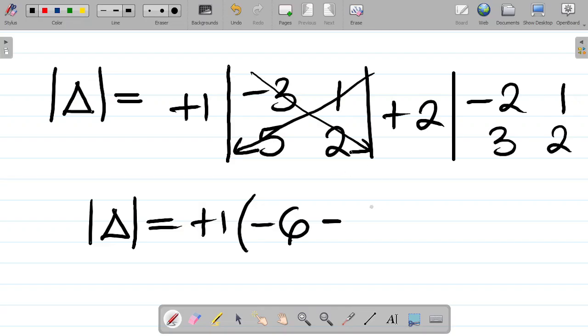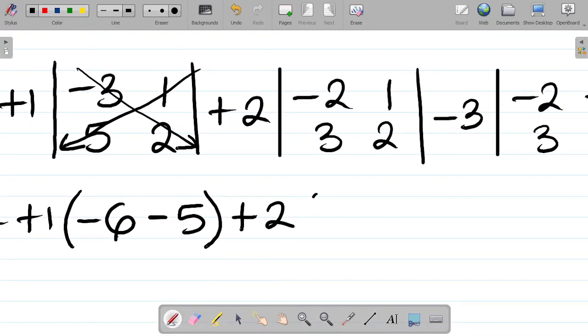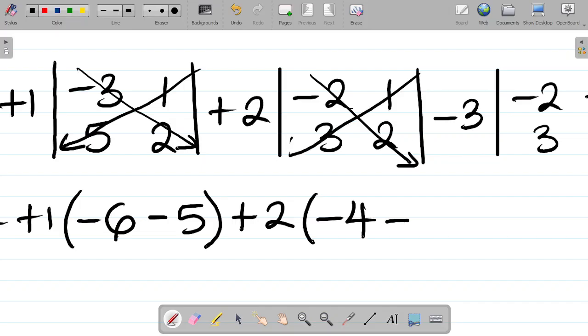That becomes 1 times 5, which is 5. Next up, plus 2 into, repeat the same process. Don't forget the diagonal on the right hand side, which is minus 2 times 2. Multiply them, that gives you minus 4. Then minus, multiply this other 2 there. 1 times 3, which is 3.